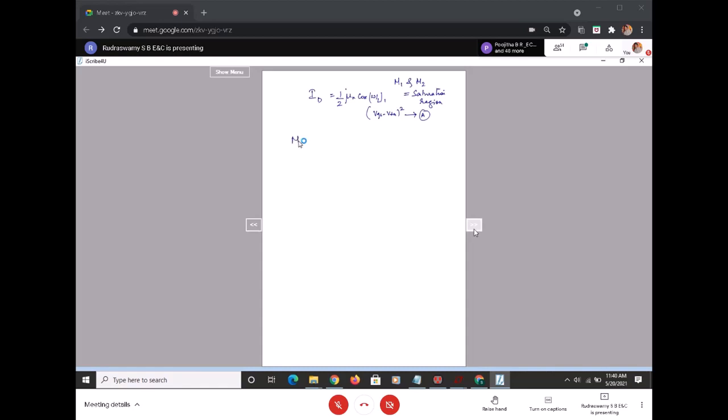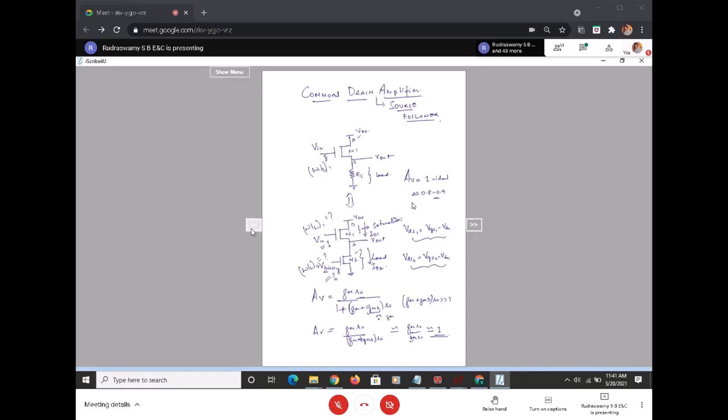And with respect to transistor M1, IDS1, the drain to source current of M1, is half times mu n Cox W by L of 1 into (VGS1 minus VTH) square. What is VGS1 all about? This is the gate to source voltage of the M1 transistor.